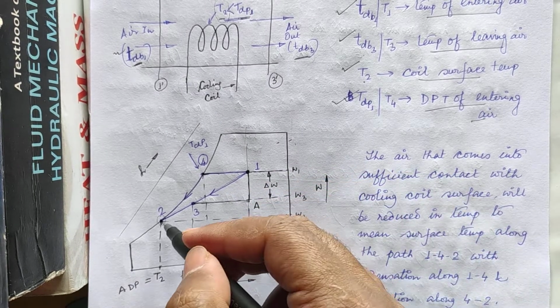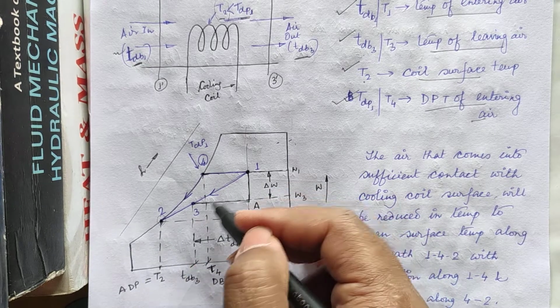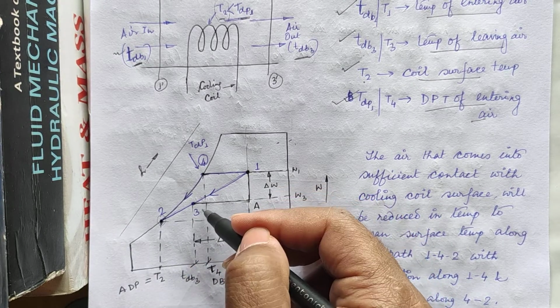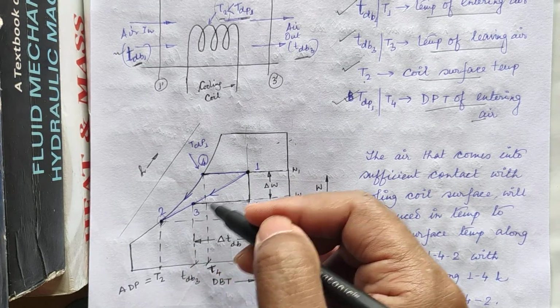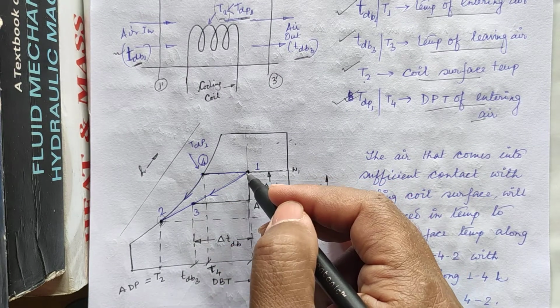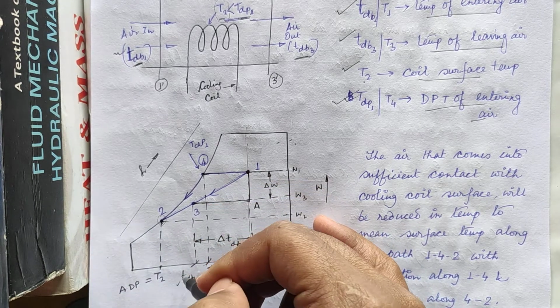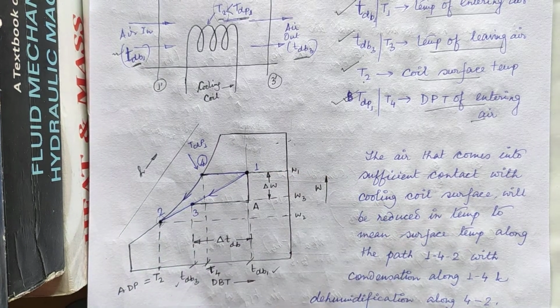At the same time, the heat exchange will take place between this cooling coil and this air that is coming from the outside. So due to this heat exchange, a sensible cooling process will occur, and the air coming out of the coil will have a temperature TdB3, which is greater than the coil surface temperature.